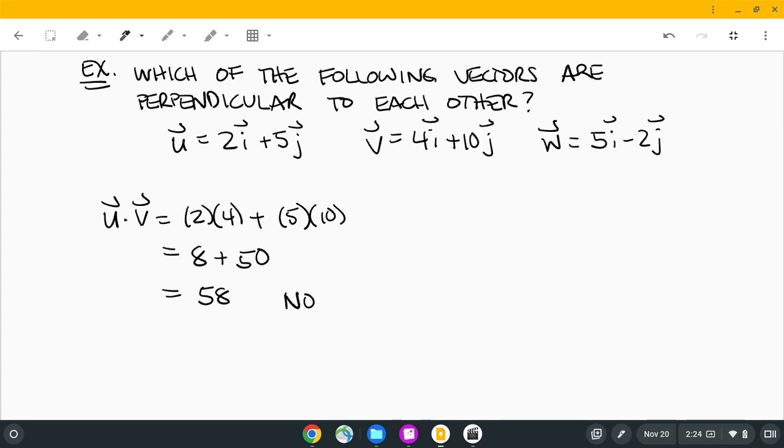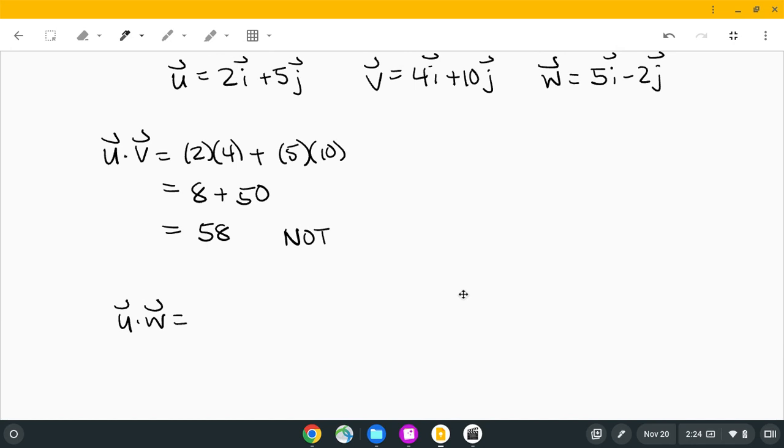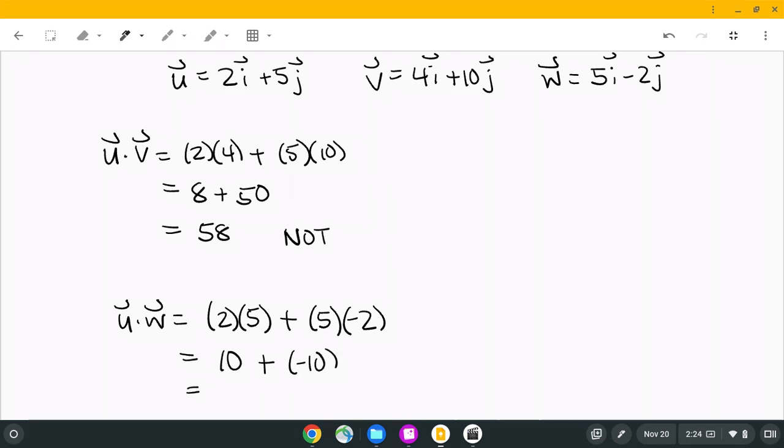So they are not perpendicular. All right, let's do u dot w. That is going to be 2 times 5 plus 5 times negative 2, and we see this is going to be a yes, because we do get 0.